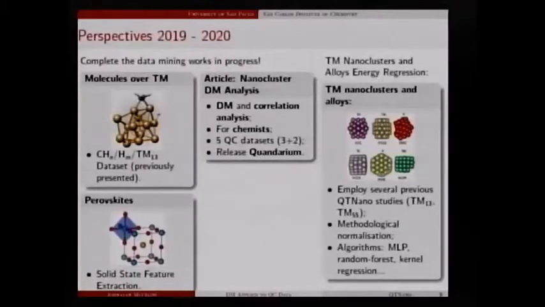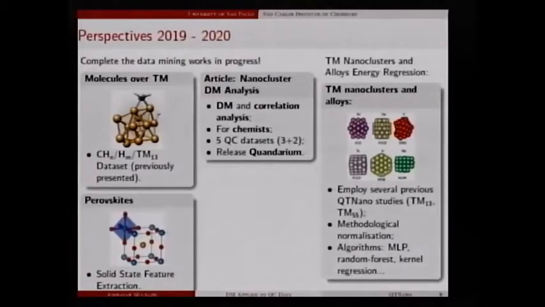The perspective for the next year in my work is basically to complete the articles that I just presented, and then I will publish.